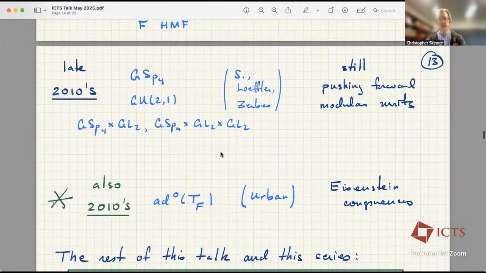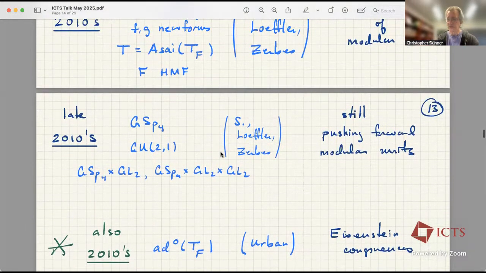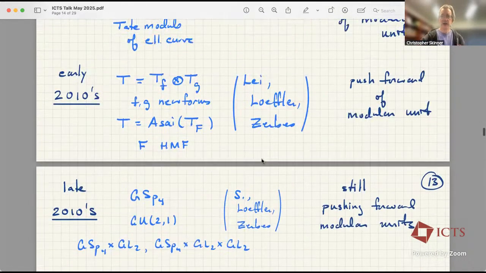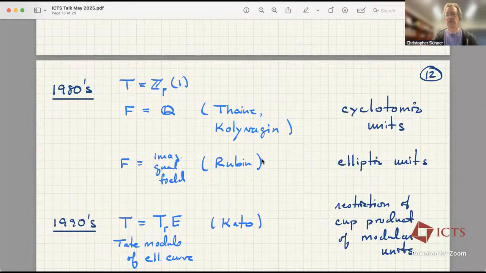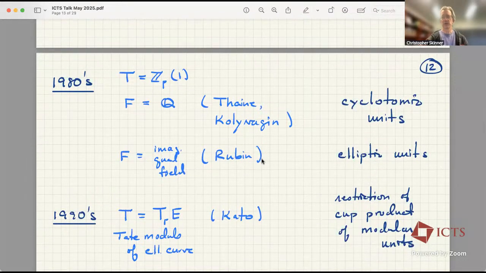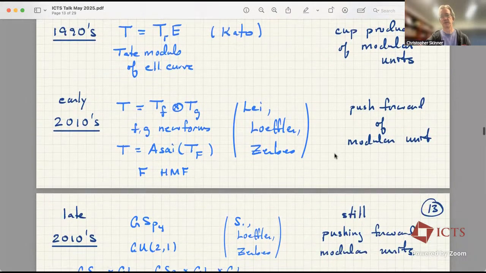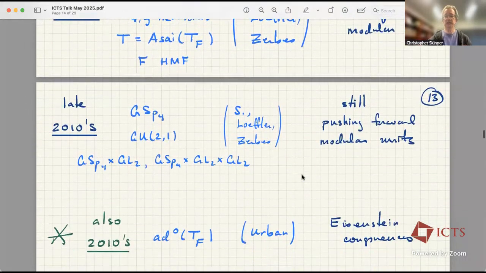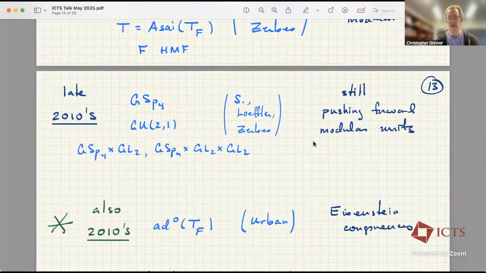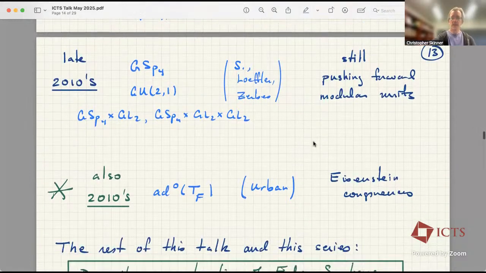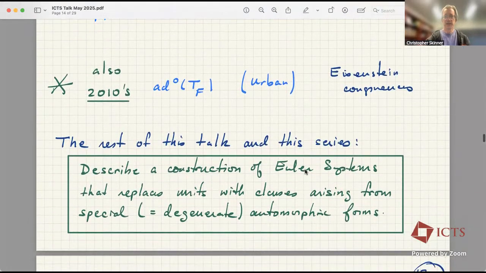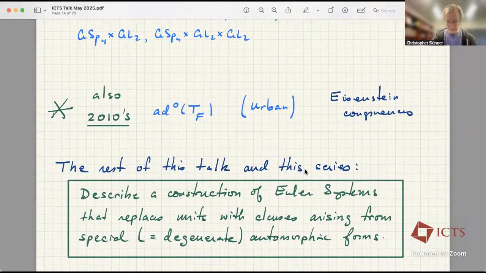So the problem is, if you look back at all of these examples, Kato's work is the outlier here. All the classes arise from units. We have cyclotomic units, we have elliptic units, modular units, and then modular units in various forms and guises. We need to find some substitute for modular units.